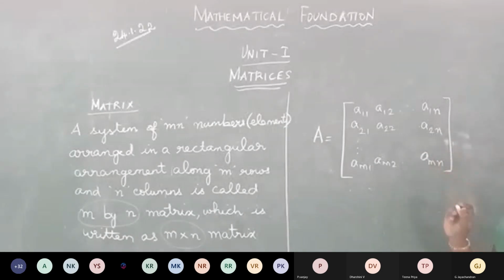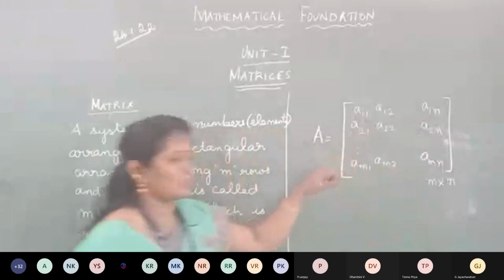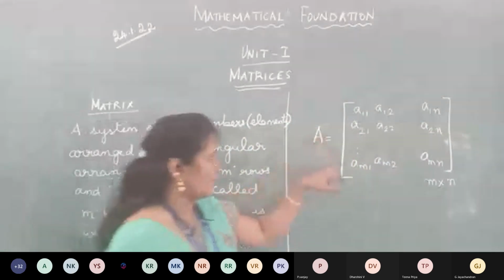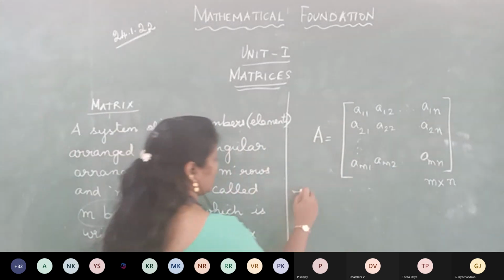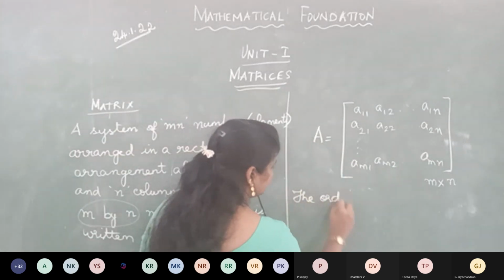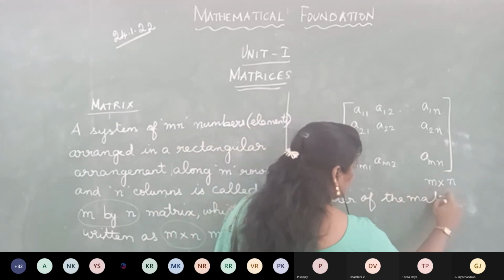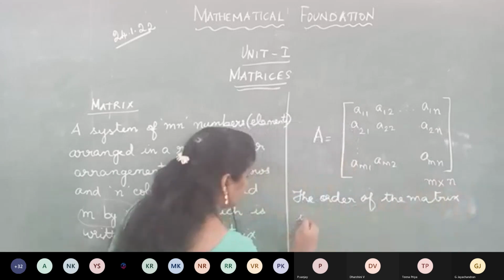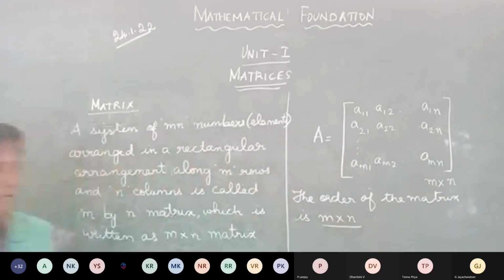So this is a matrix of order m cross n. How many ever rows you have in that matrix, you write that number first, cross your columns. The order of the matrix is m cross n.